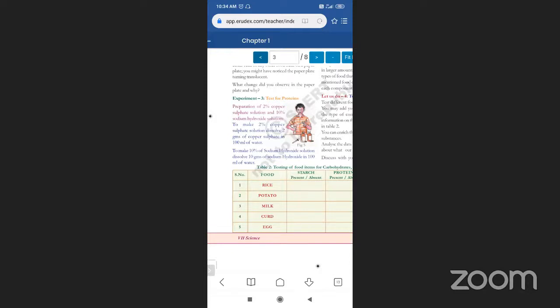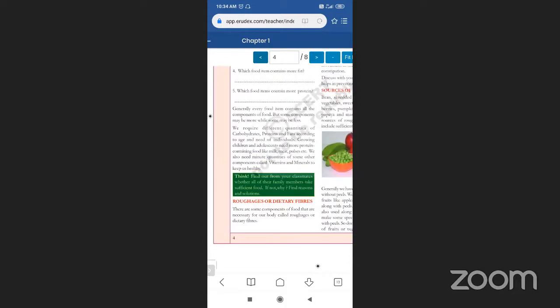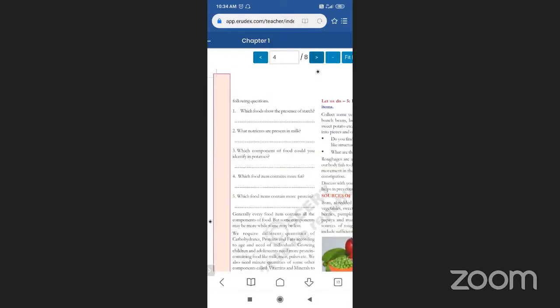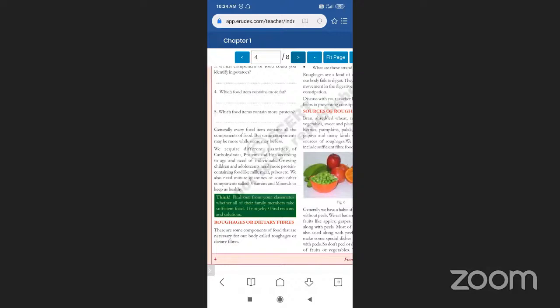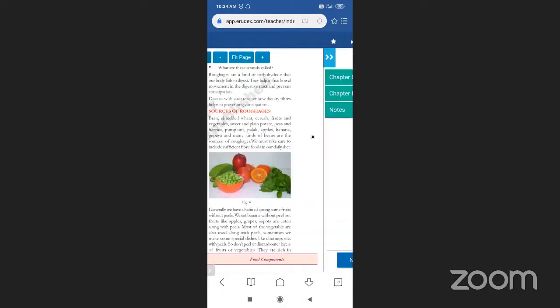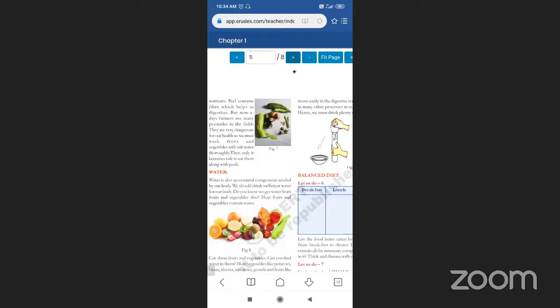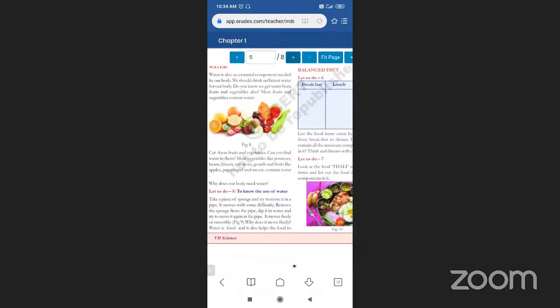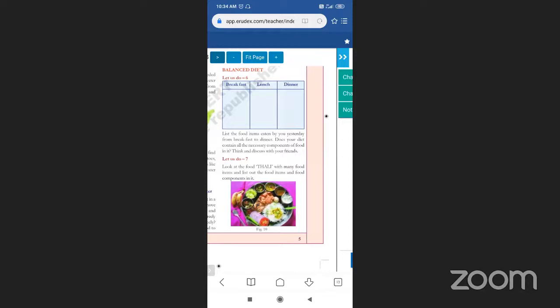By filling in, you can extend the tabular column by adding some other examples also. Next, we discussed roughage, dietary fibers, and the importance of water with an example activity. And we discussed the balanced diet like thali.